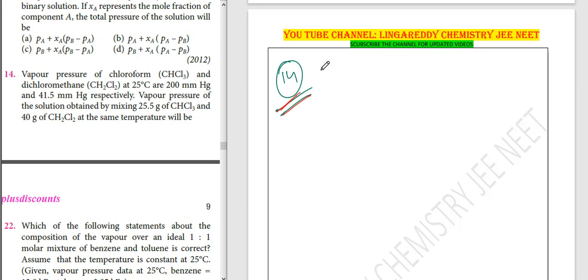Question number 14. The vapor pressure of chloroform and dichloromethane is 200 mm of Hg and 41.5 mm of Hg respectively. The vapor pressure of the solution obtained by mixing 25.5 gram chloroform and 40 gram dichloromethane at the same temperature.